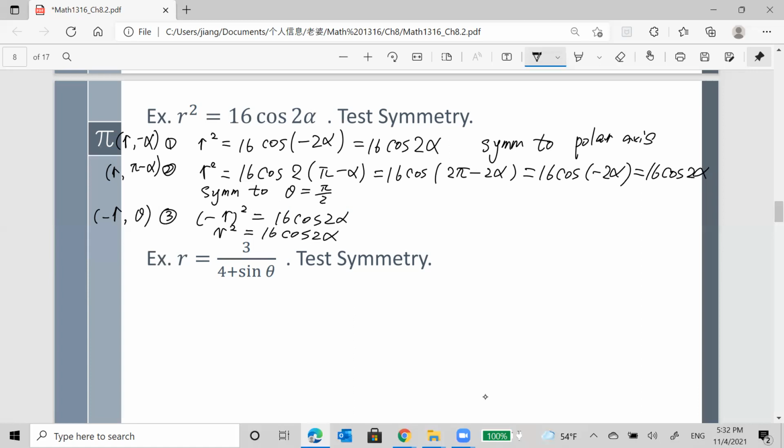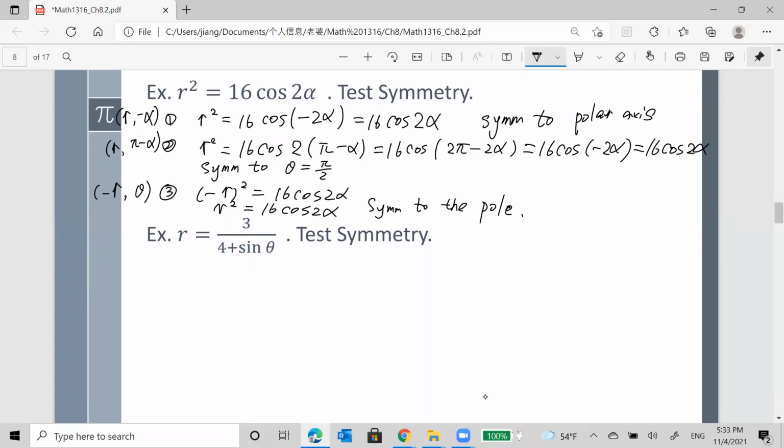So it's still the original equation. That means symmetric to the pole. So we tested the 3 symmetries.